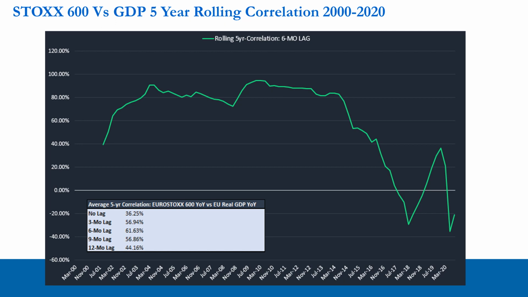Now, this doesn't mean as traders and portfolio managers that we discount this analysis and ignore it. Of course, we stay on top of these things. For the entire history, it's true that the majority of times the Euro Stoxx 600 and Eurozone GDP, for a good 20 years, moved in the same direction.